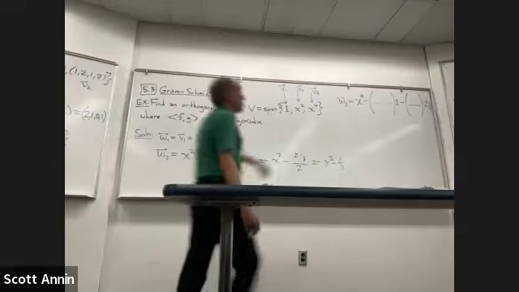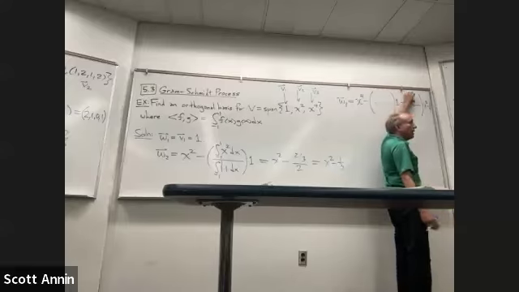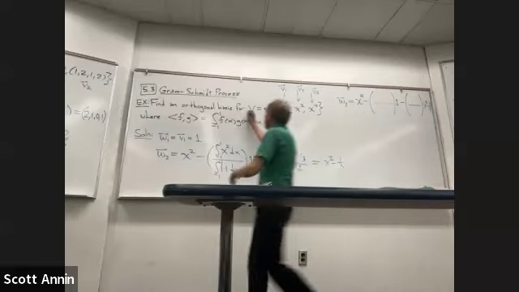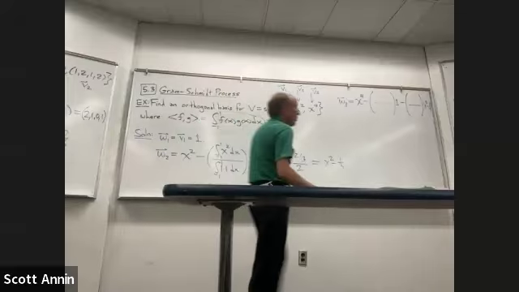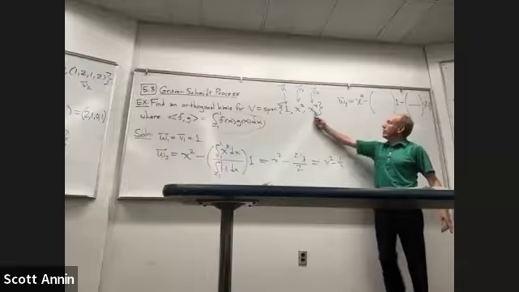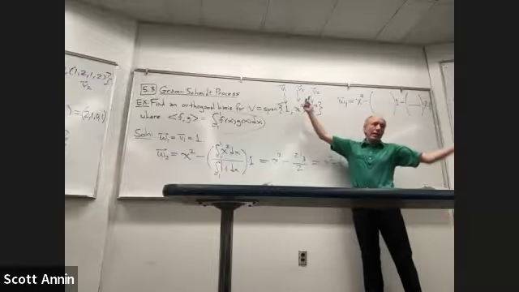And all of these white spaces that I kind of left here, they're just integrals that come from using this formula, right? So the first one is the inner product of V3 with W1. Okay, so we take V3 is right here, W1 is right here. That's just x to the 4th.